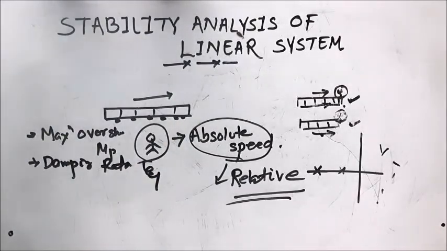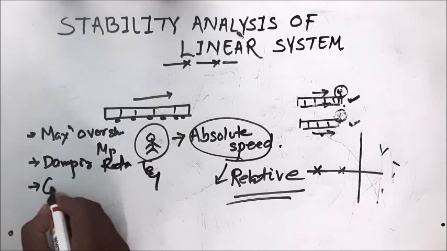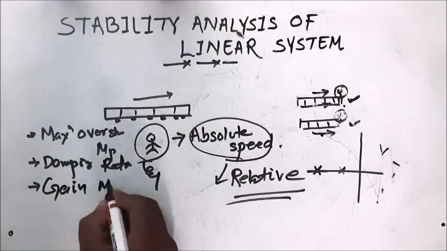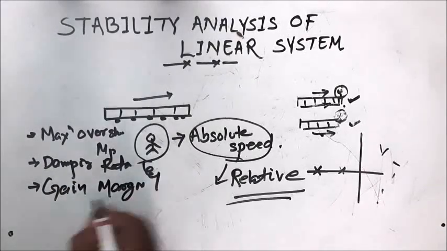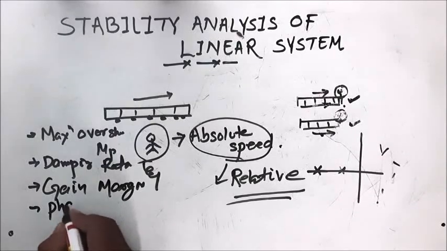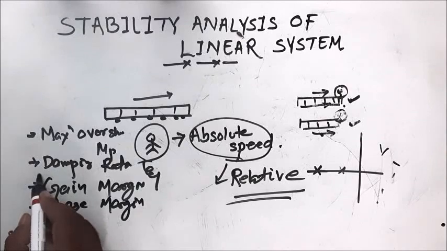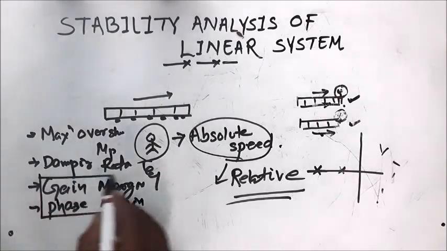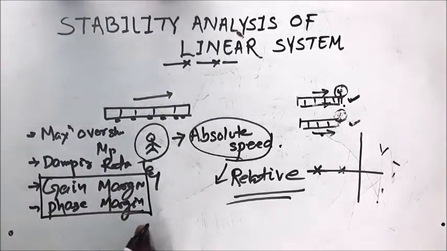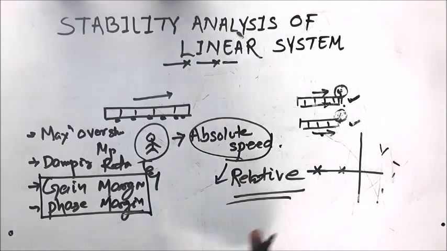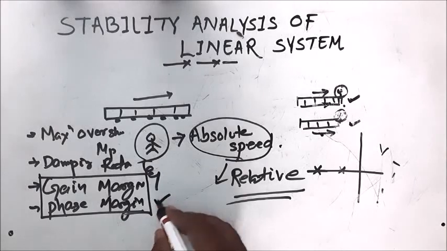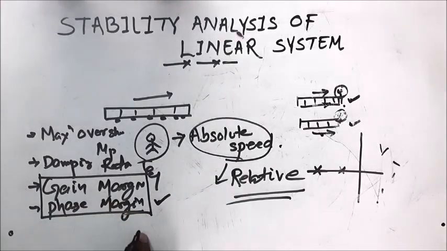Then we can also find the gain margin and phase margin. We have not come across these two terms yet. We'll study these two terms when we study the Bode plot, polar plot, and Nyquist plot.